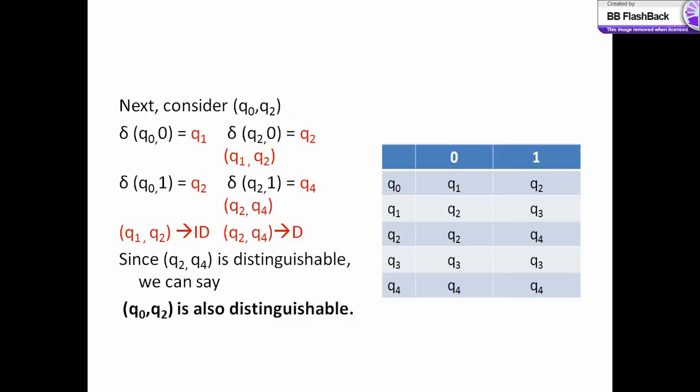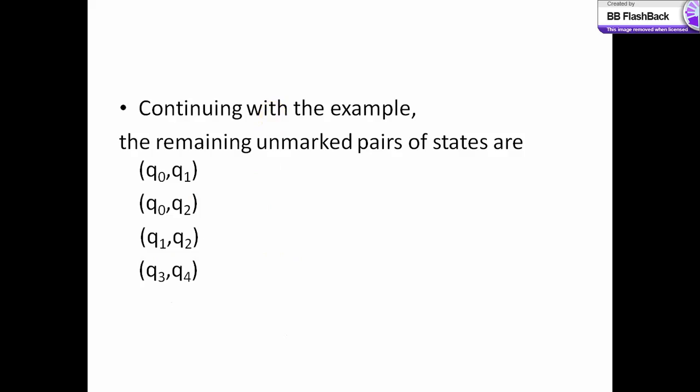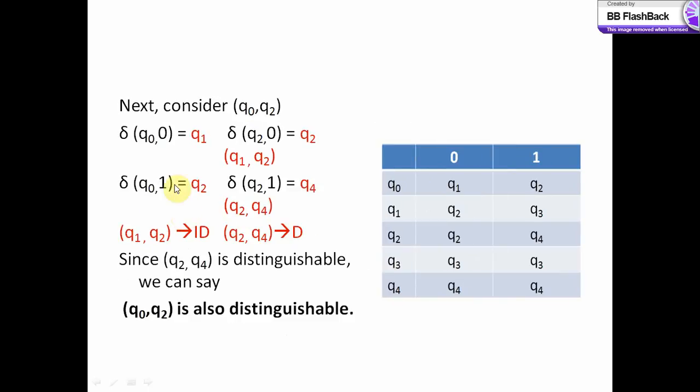So next consider the next pair Q0, Q2. It is taken from here, Q0, Q2. So again apply both the inputs, 0 and 1, to the states Q0 and Q2.